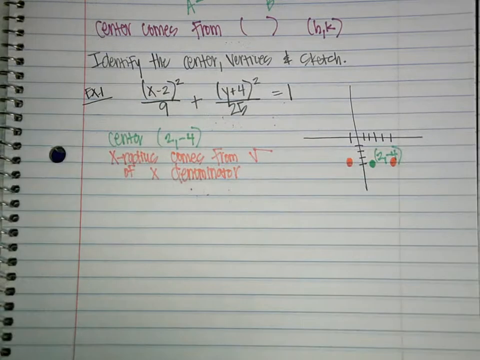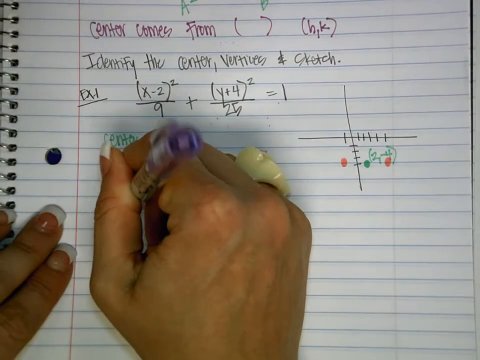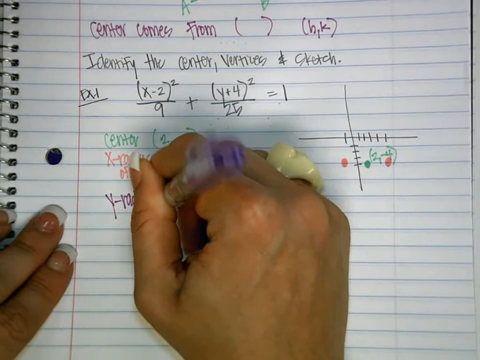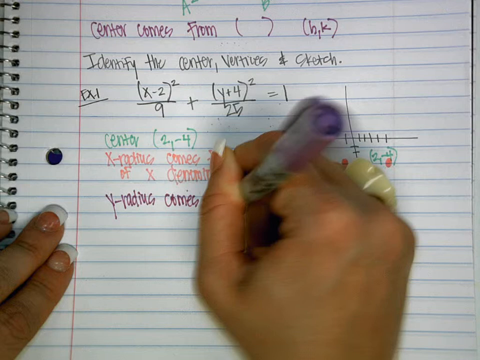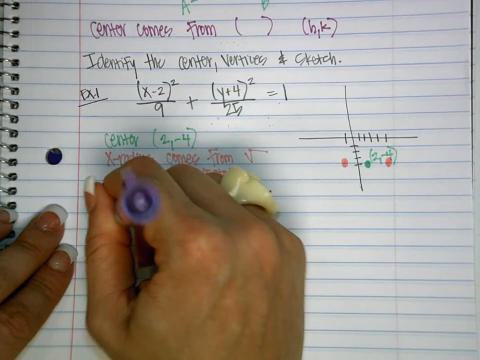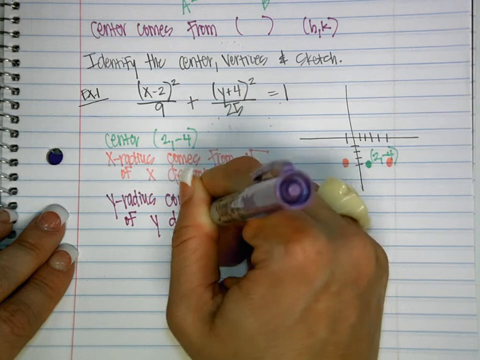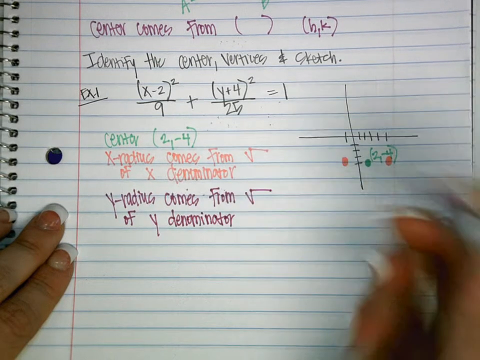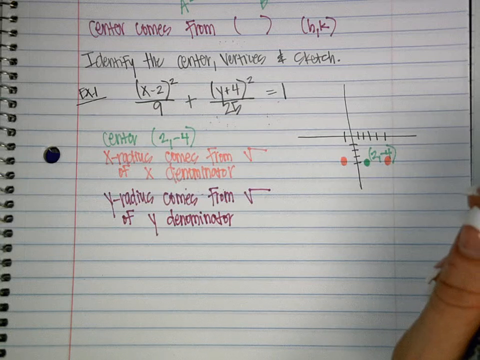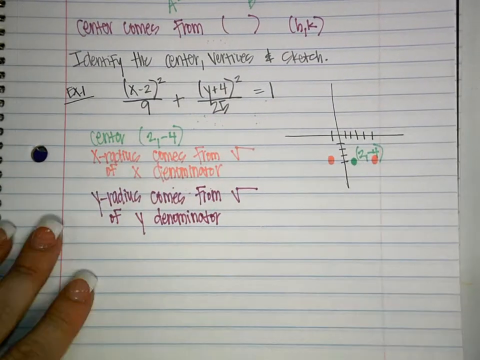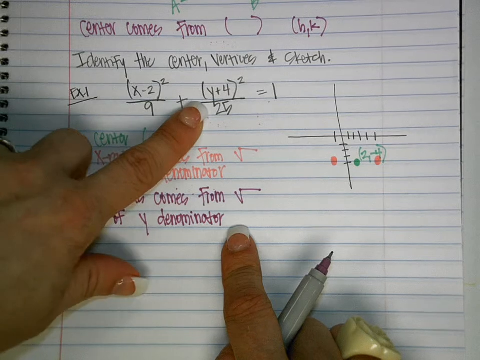The next part is the y radius. The y radius comes from, anybody think they know? Square root of the y denominator. Exactly. So this one, what is your y radius going to be? 5.